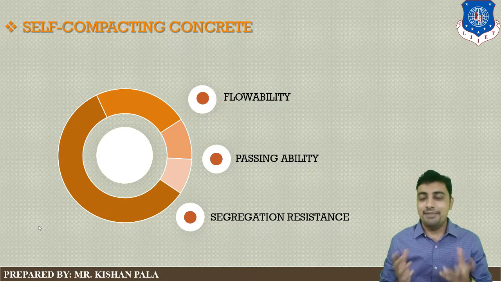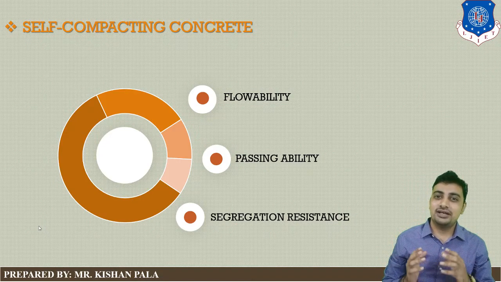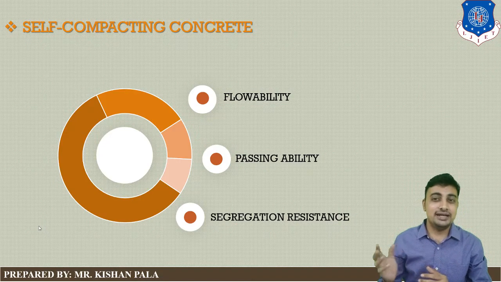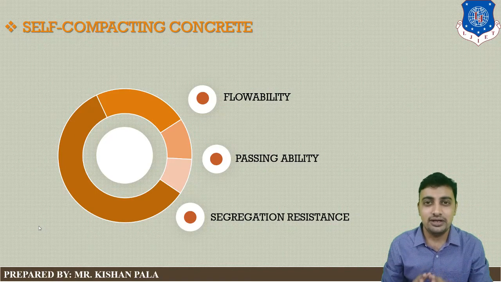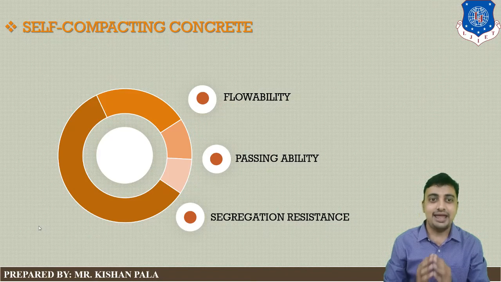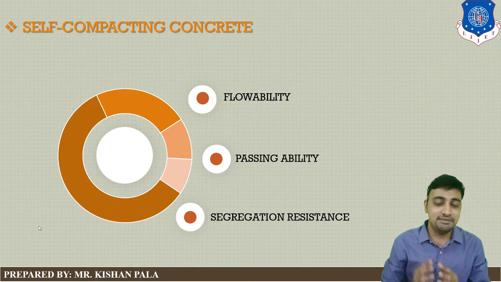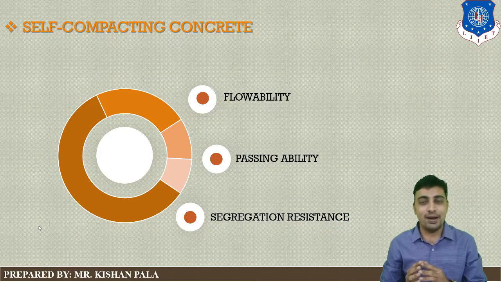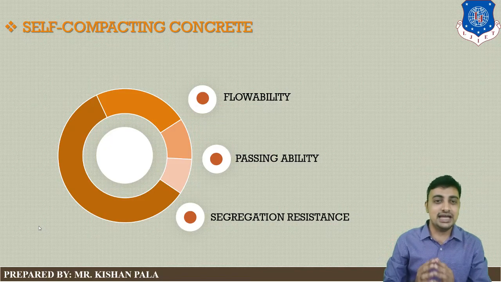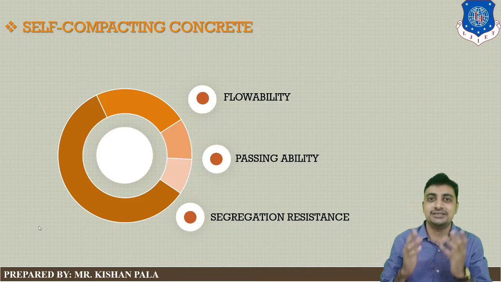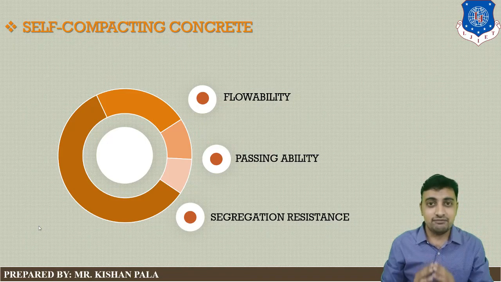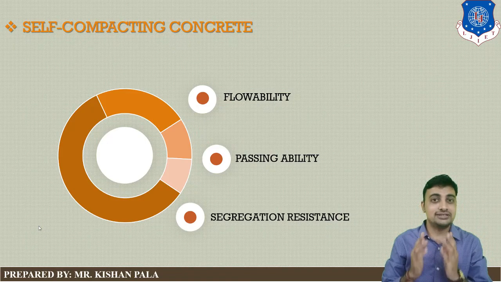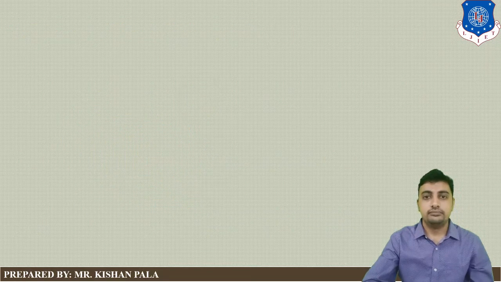The reduced manpower required for casting and finishing leads to an increase in the speed of construction because there is no requirement of compaction. And FNERC drew up the specification and guidelines to provide the framework and design for using high quality self-compacting concrete during 2001. So you can refer to the FNERC guideline for self-compacting concrete.